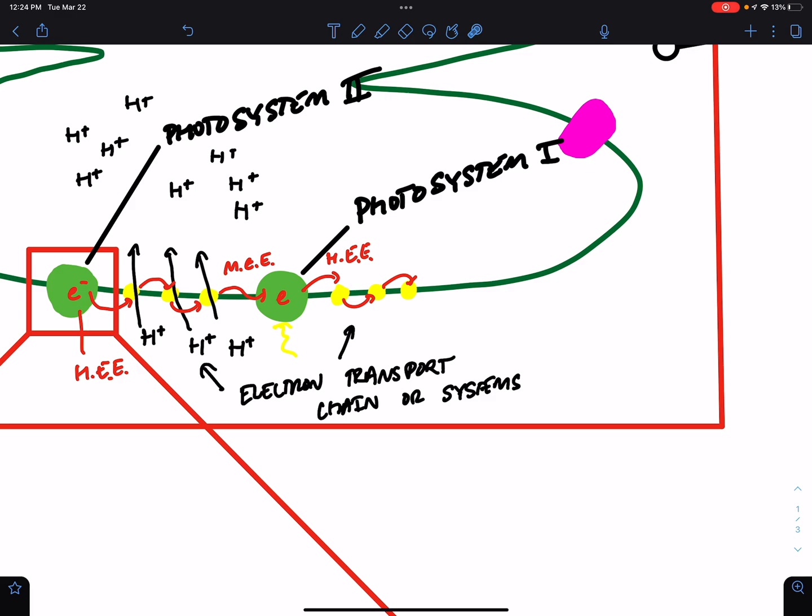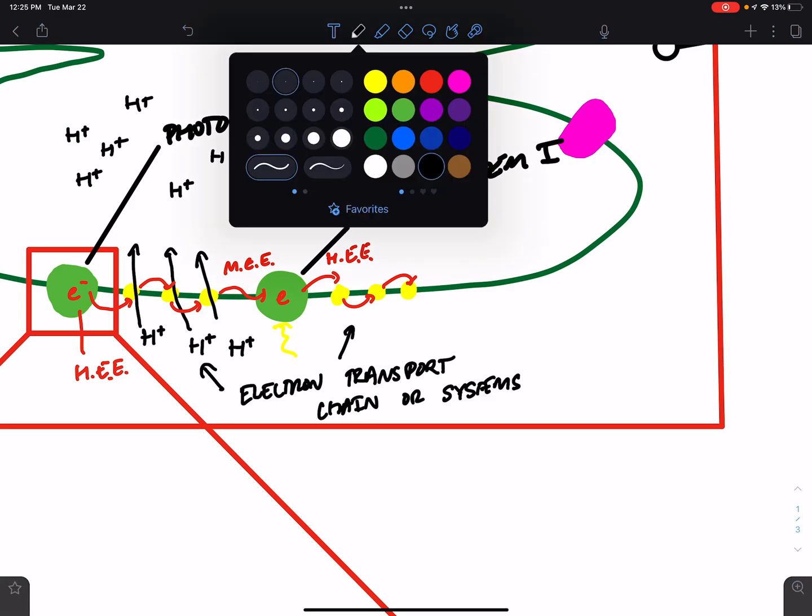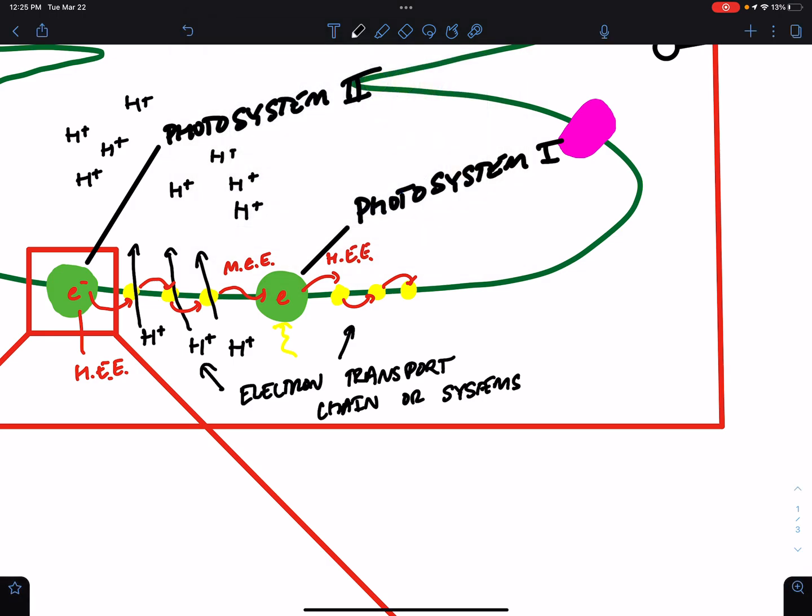At the end of the chain, there is a special enzyme called NADP plus reductase.